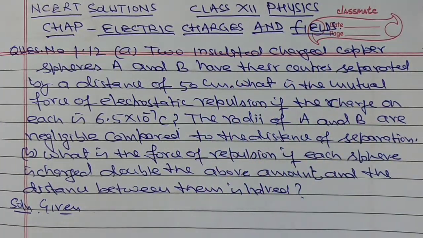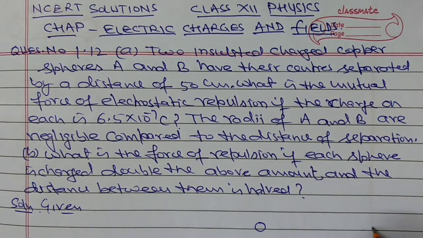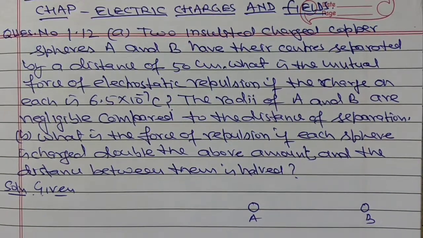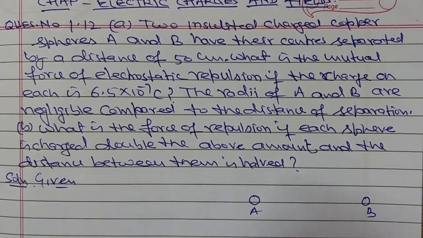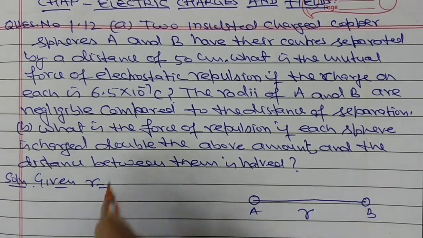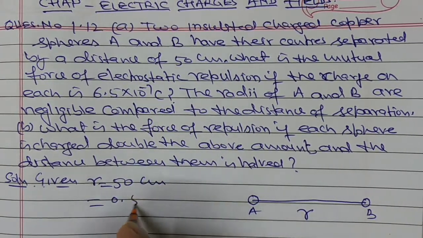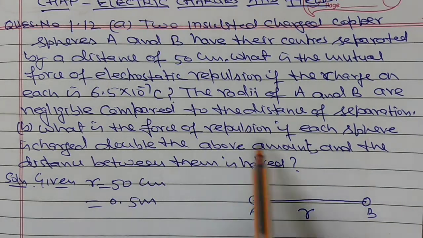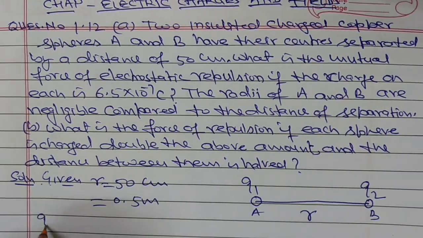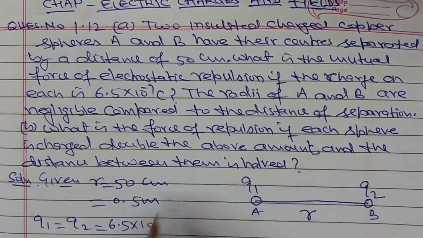Two insulated charged copper spheres, suppose these are the two insulated charged copper spheres A and B, separated by a distance of R, and this R is given, R is equal to 50 centimeter, and this 50 centimeter can be written as 0.5 meter, and charges on each sphere, suppose Q1 and Q2, and given that both are equal, Q1 is equal to Q2 is equal to 6.5 × 10⁻⁷ coulomb.